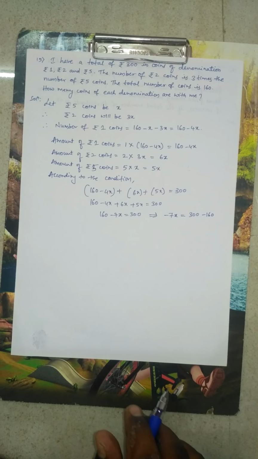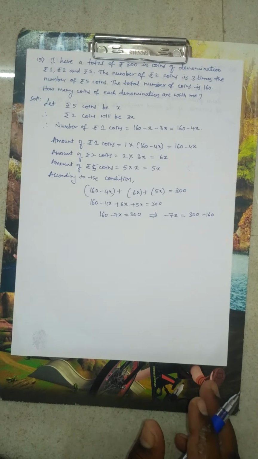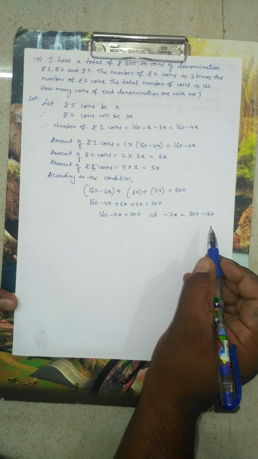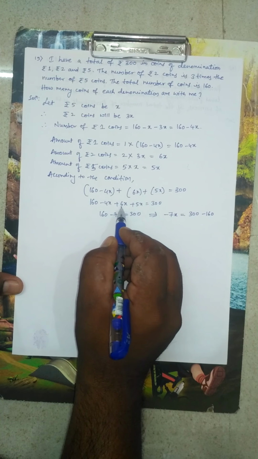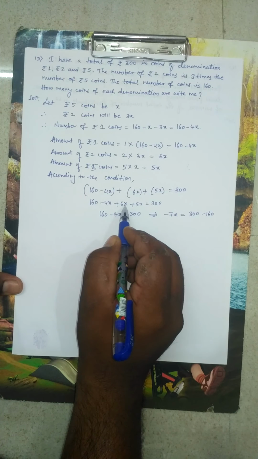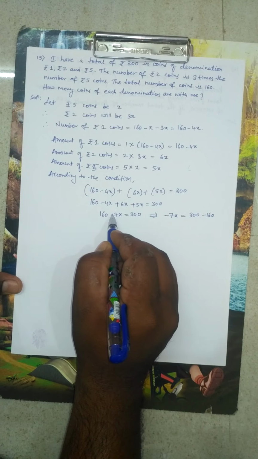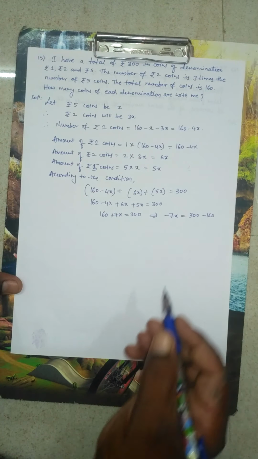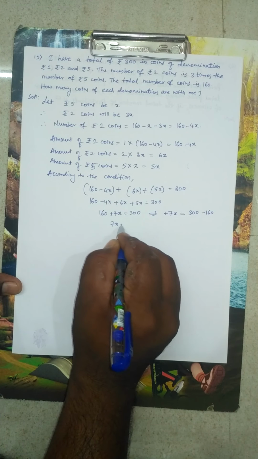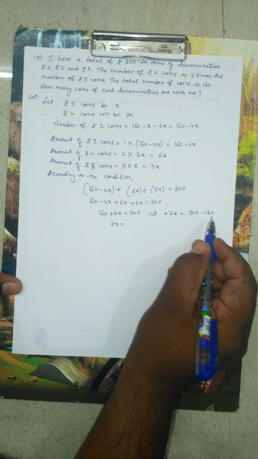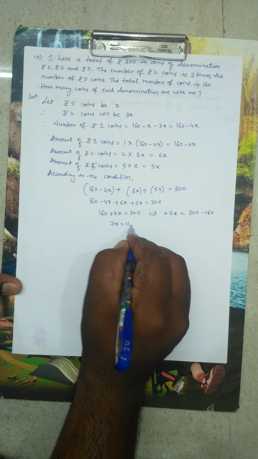If you transpose 160 from LHS to RHS, it becomes minus 160. Here 5x plus 6x is 11x, 11x minus 4x is plus 7x. So 7x is equal to 300 minus 160, that is 140.